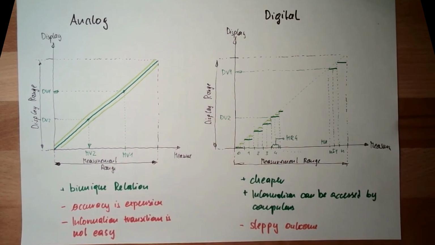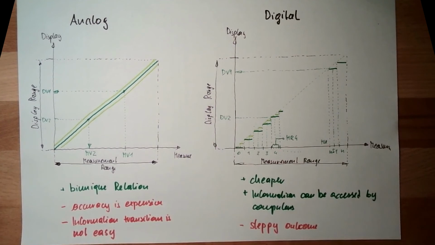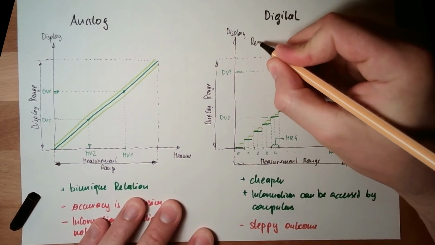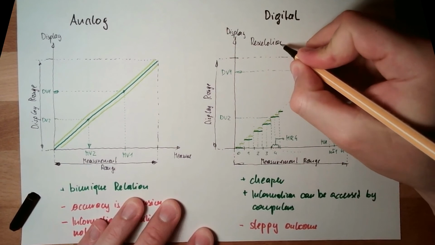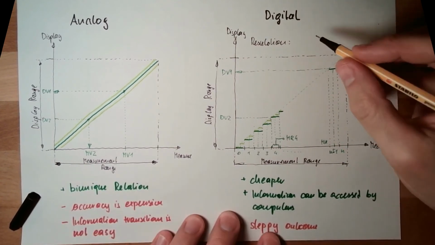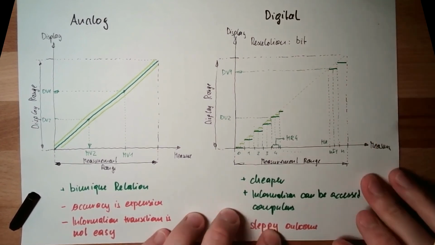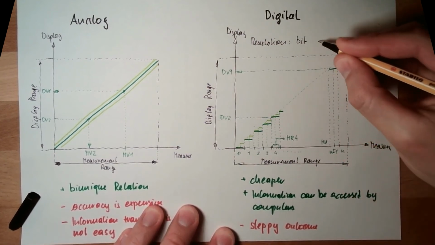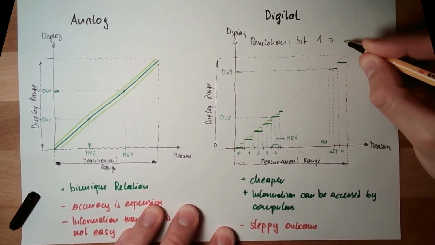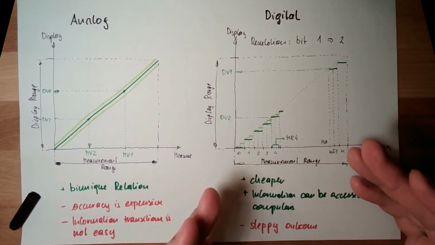I said resolution is how many sub-ranges I'm using. Usually the resolution is given in bit. What does this mean? If I have a resolution of 1 bit, this means just two classes, two sub-ranges.